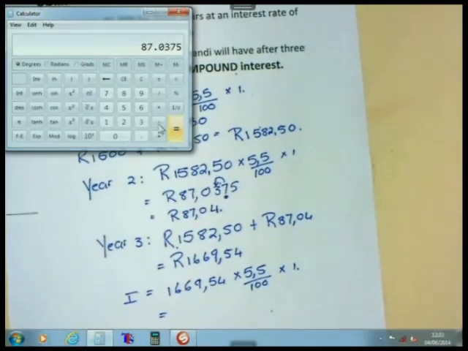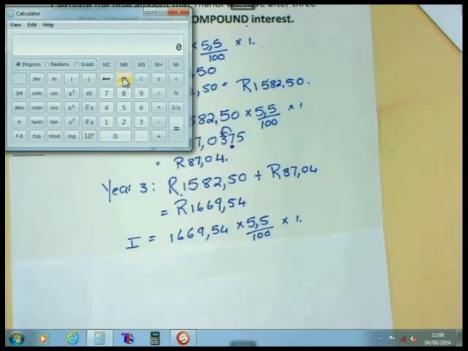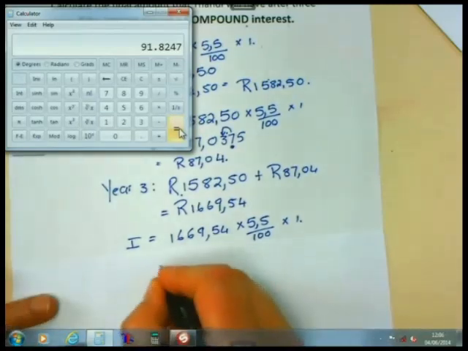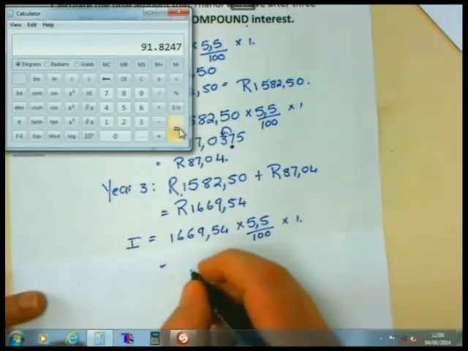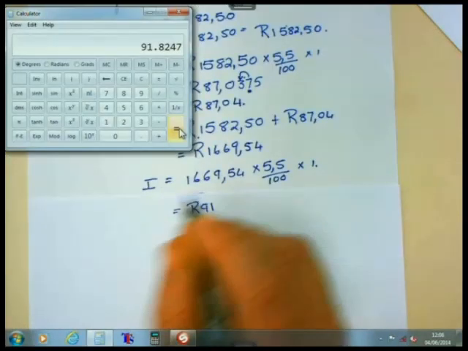Okay, let us work this out on the calculator. 1669.54 times 5.5 divided by 100 times 1, you will see that the interest that Tandi earns is 91 rand 82 cents.